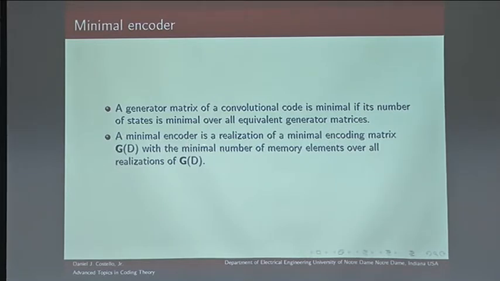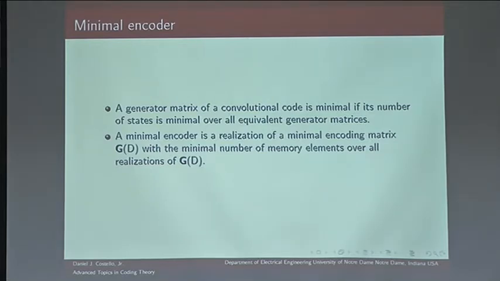And for a minimal encoder, you have to start with a minimal encoding matrix and then use the encoder realization which has the minimum number of memory elements. This gets into the weeds a little bit, but it would be more important if we often used big encoders with lots of states, where you could have significant differences between realizations.